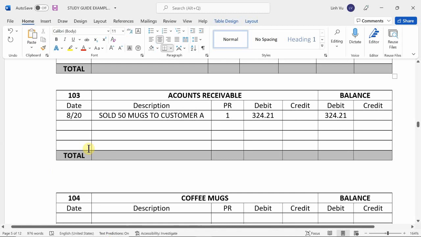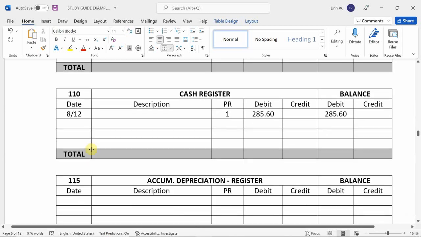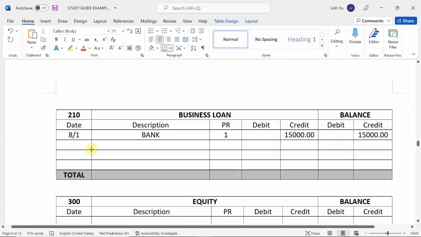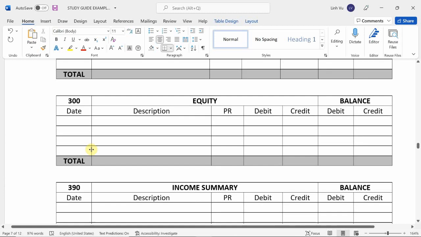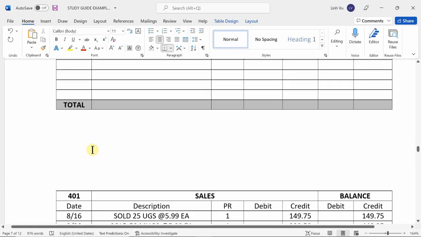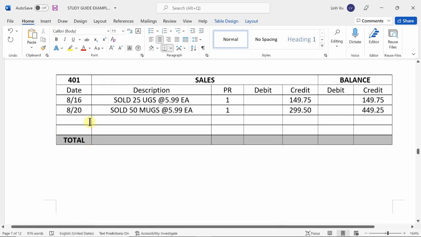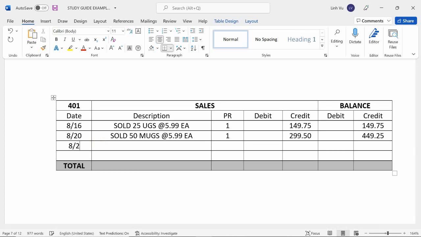We sold, let's see, we have to do a sales. Okay, business, loan, equity, income summary, sales. How many items we sold? We sold 10 mugs at that $5.99 each. So that gave me a grand total of $59.90.